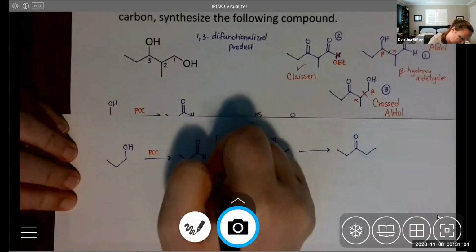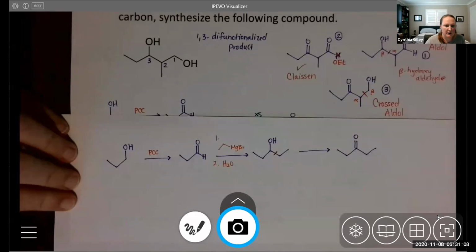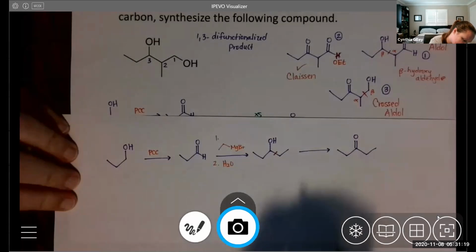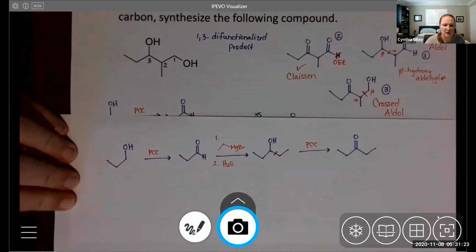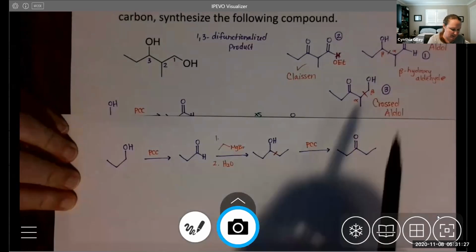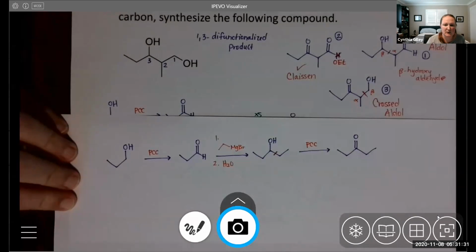An acidic workup or water to quench the Grignard reaction will produce the pentanol, and from there we can oxidize that secondary alcohol to a ketone using PCC or sodium dichromate. Okay, so we were able to make this ketone, which we can then utilize to do a crossed aldol reaction.